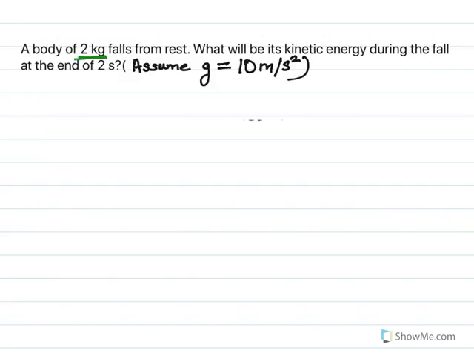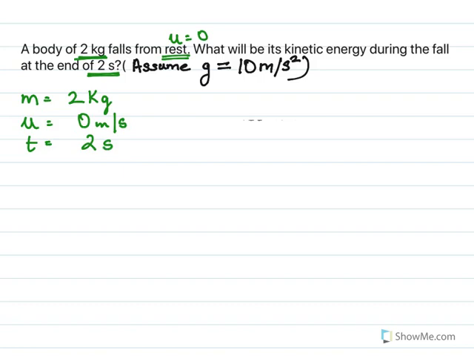A body of 2 kgs, so mass 2 kg, falls from rest, means u equal to 0. It is beginning from rest, 0 meter per second. What will be its kinetic energy during the fall at the end of 2 seconds? So time 2 seconds. Now we have to find kinetic energy.